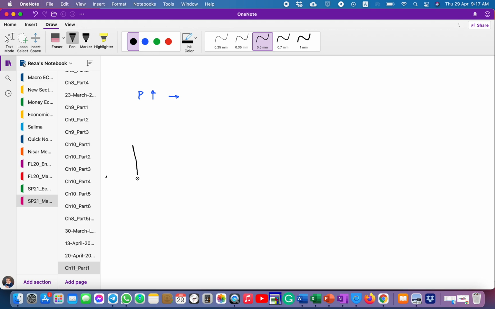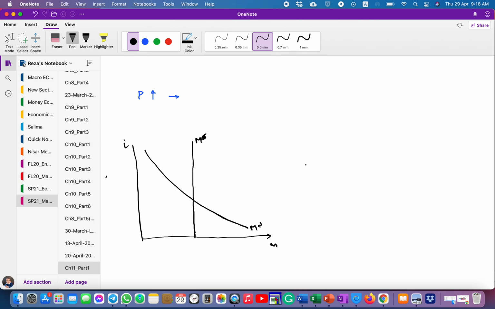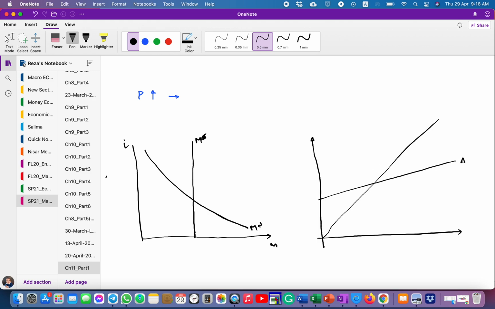So we have the money market, money supply, money demand. Here is money, here is the interest rate, and here we have the 45-degree line and the aggregate expenditure.